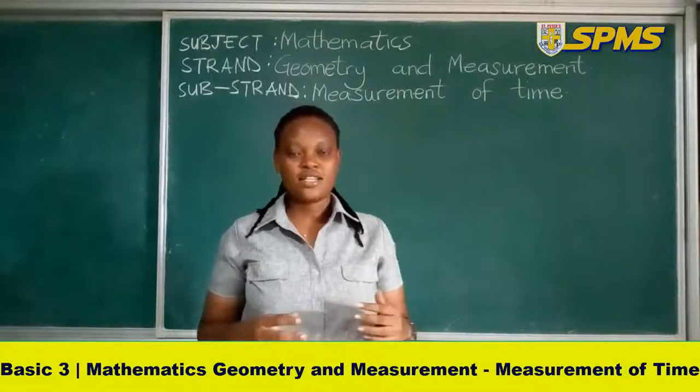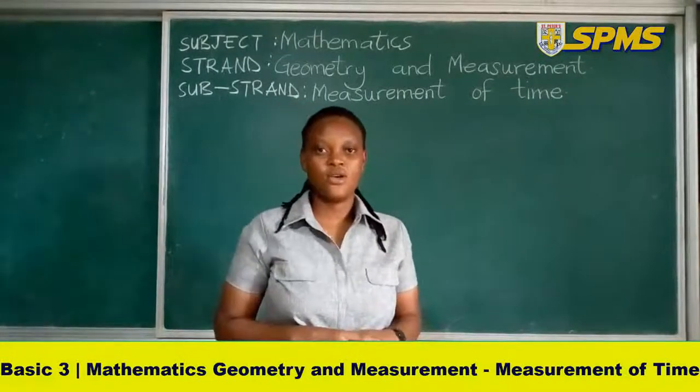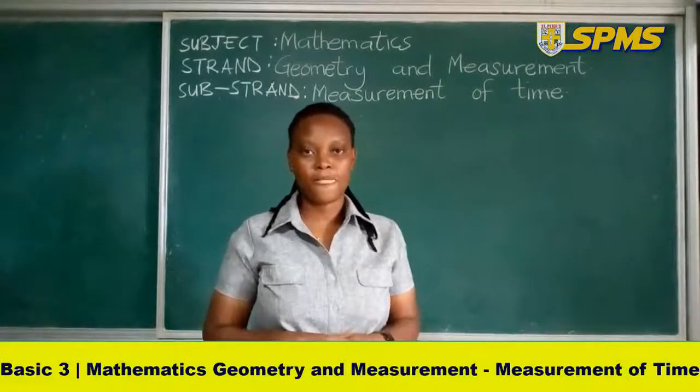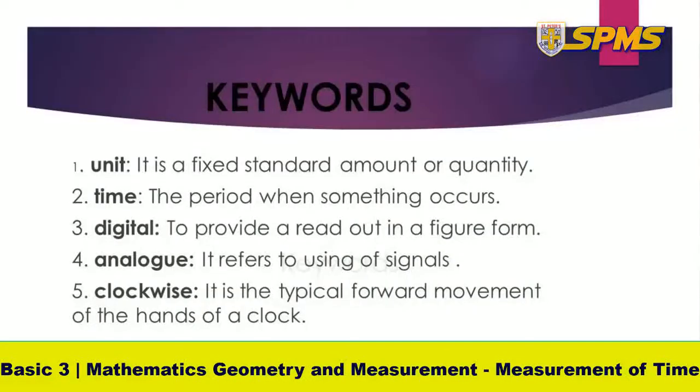Good. Let us go through our keywords which will make us understand our lesson better. The first keyword we have is units. Units are a fixed standard amount or quantity.